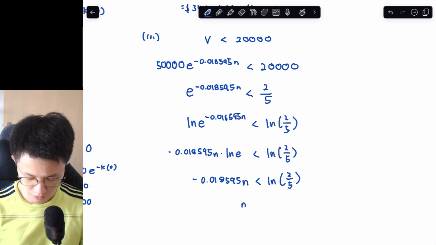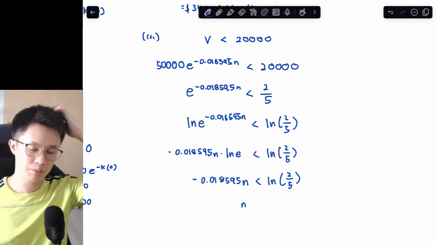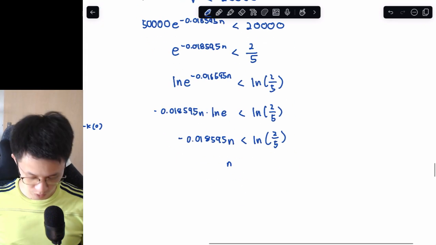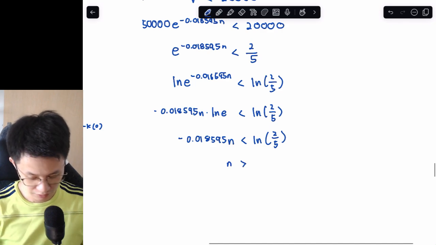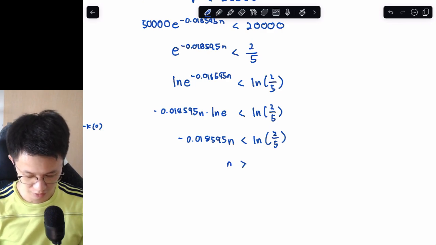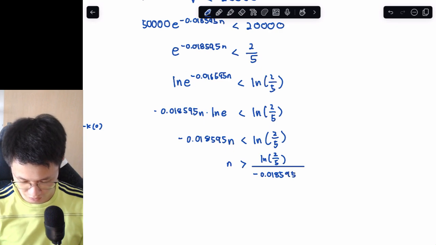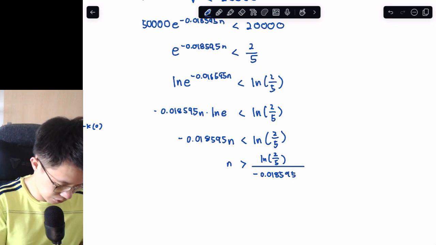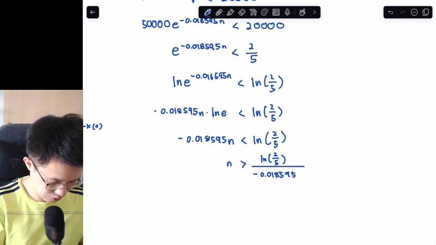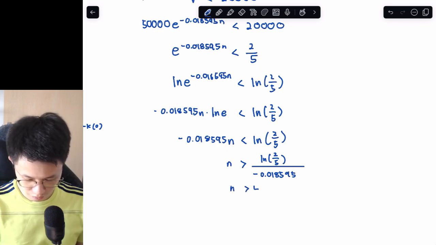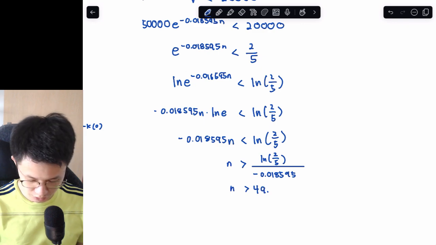From here, you must apply the laws of inequalities: when you're dividing by a negative value, this will change the sign. So it will be n more than ln 2 over 5 divided by negative 0.018595. You calculate that in your calculator. You will get n is more than 49.27.